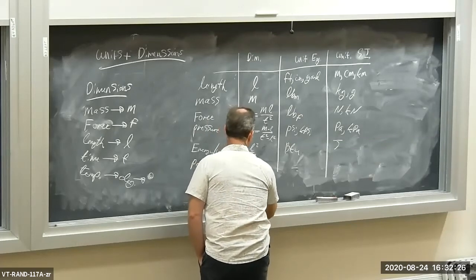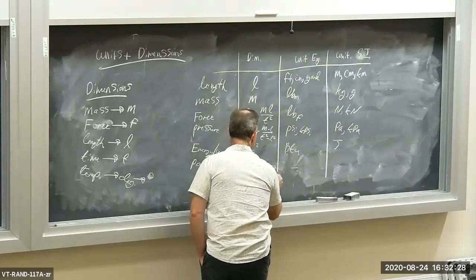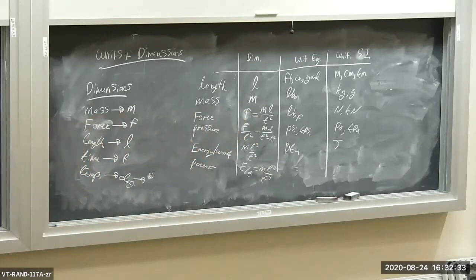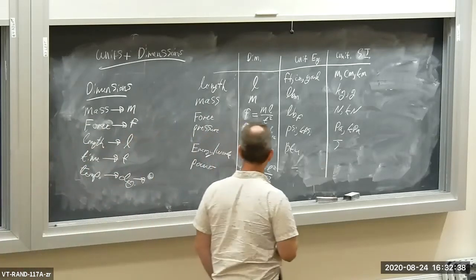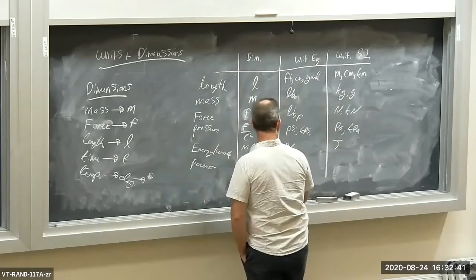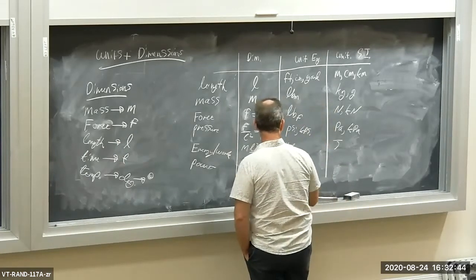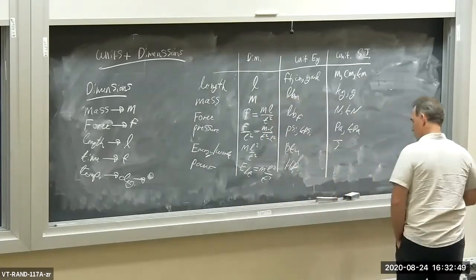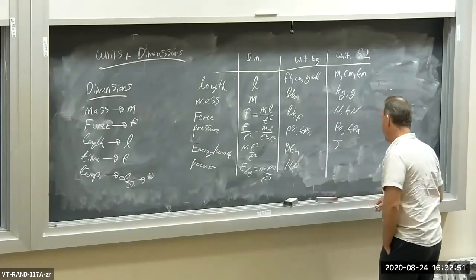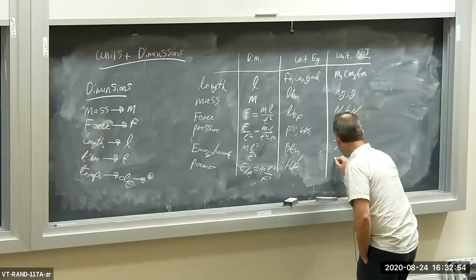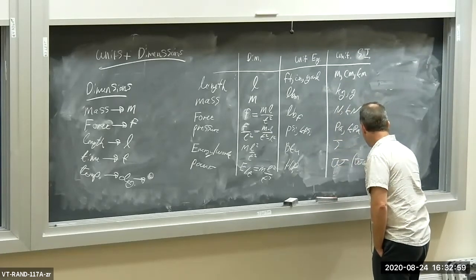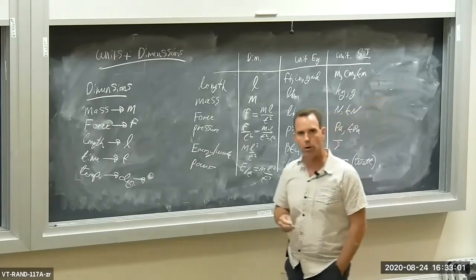So that would be a mass times the length squared over time to the third power. I'm just dividing energy by time. So I get mass, length squared over time cubed. The big unit for power in English is the horsepower. And of course, the big one in metric or SI is watt. This is watt, not work. Okay.